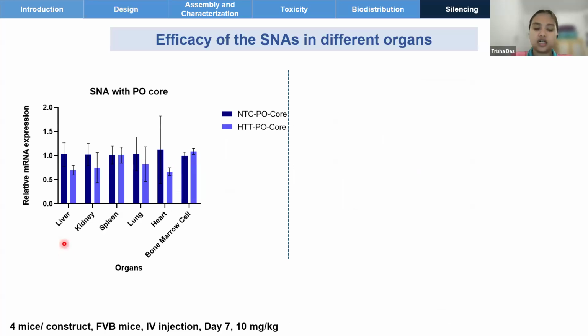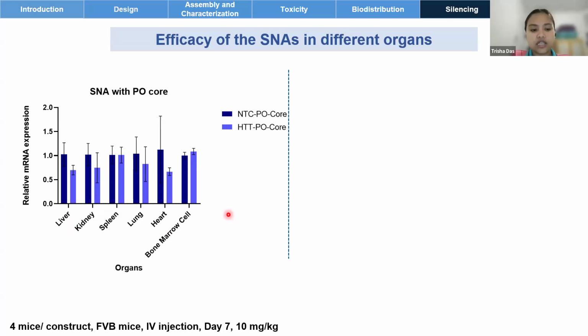We focus on some of the important organs: the liver, kidney, skin, lung, heart, as well as bone marrow cells, and we see some amount of silencing in these organs.